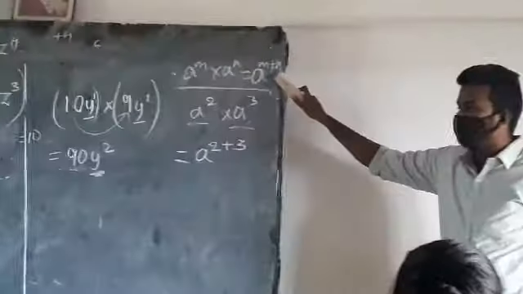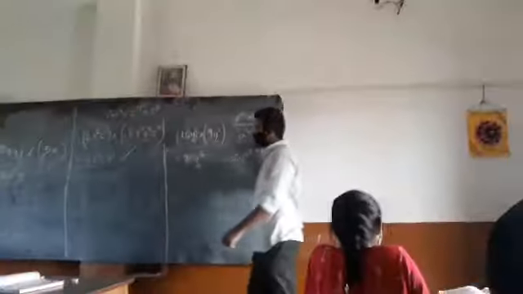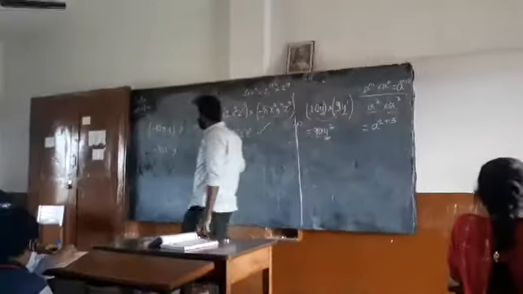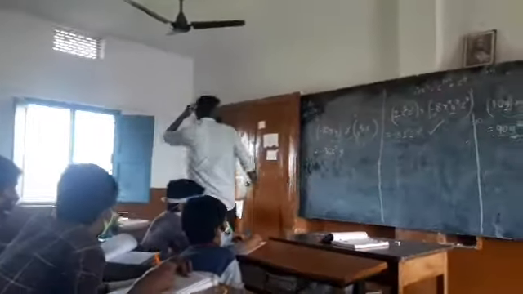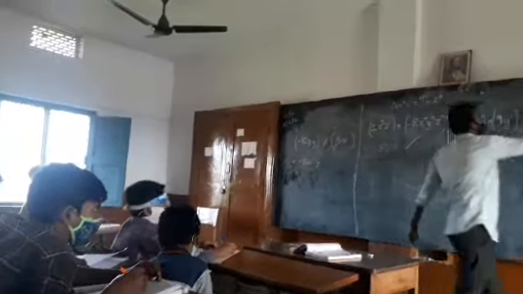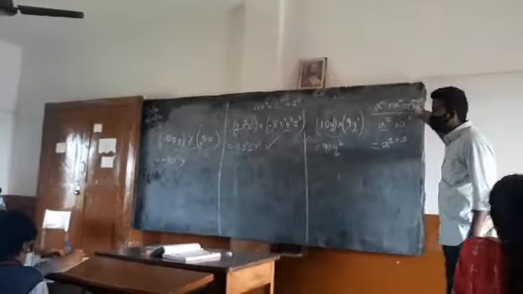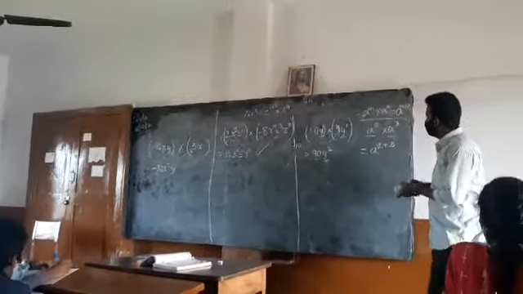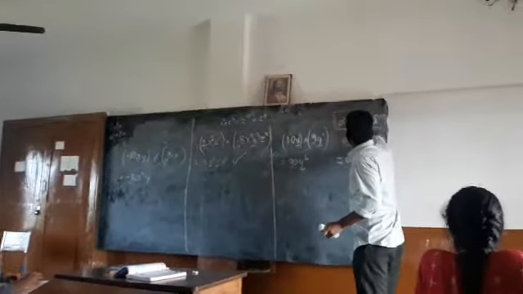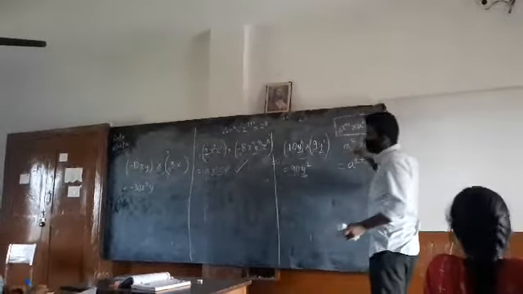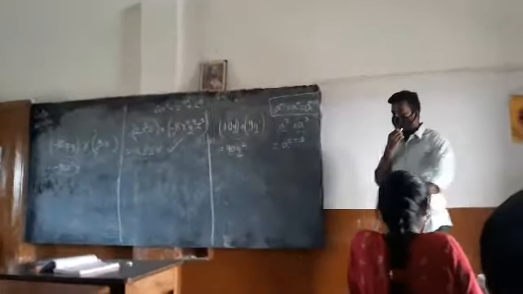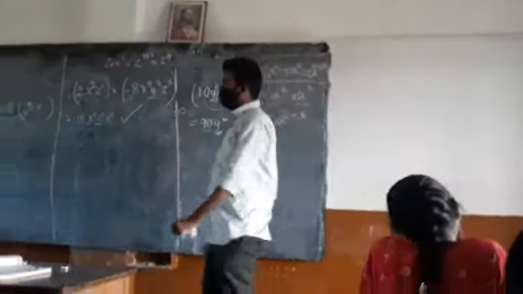It's an easy formula, remember it and apply whenever it should be used. A power m into a power n equals a power m plus n. You have read about this formula in your 7th class already, in the exponents and powers chapter.